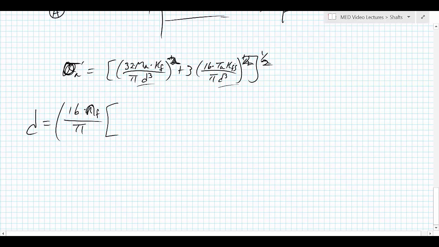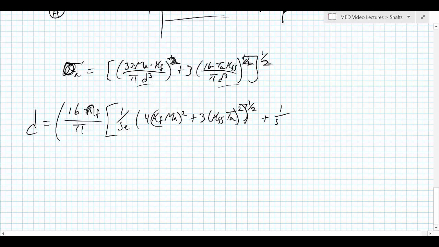All of that times 1 over the endurance strength, and we will have 4 kf times the amplitude portion of stress squared plus 3 times kfs, the amplitude portion of the torque squared, and then we will have the mean portion.